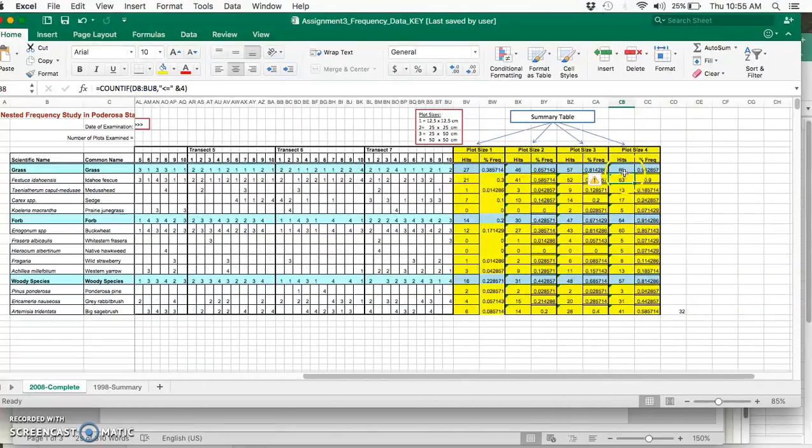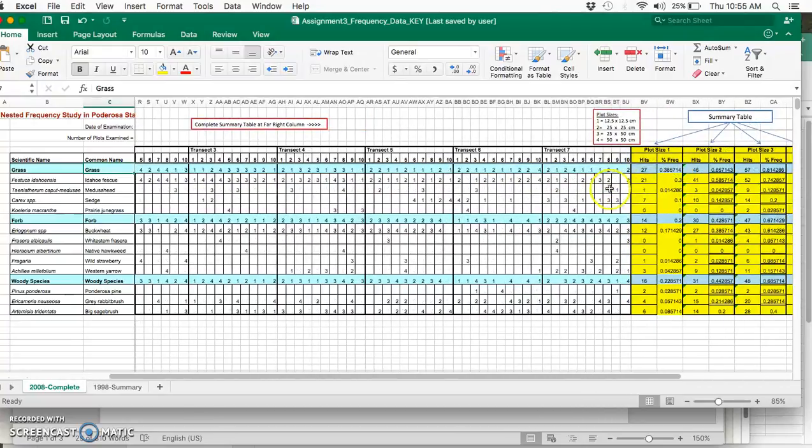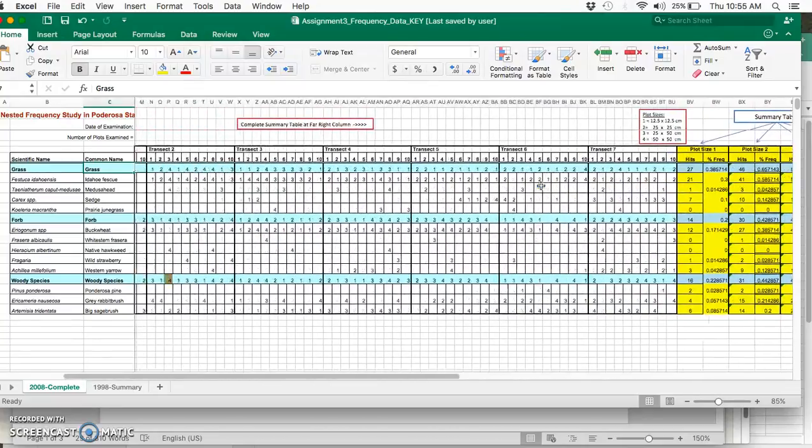And there we go. Oh, good, I counted them properly. So 66. So that means that a grass was hit in all of these transects 66 out of 70 of the times.